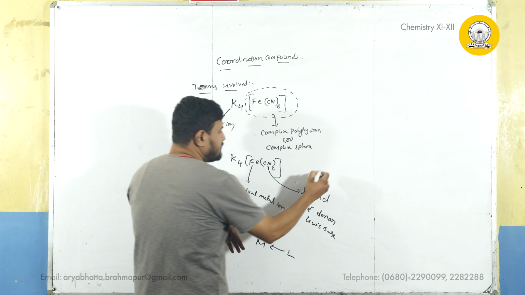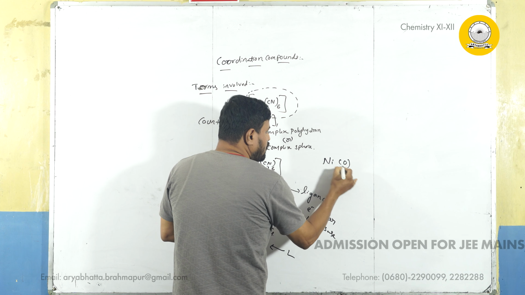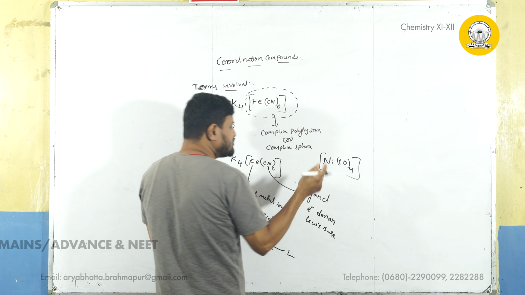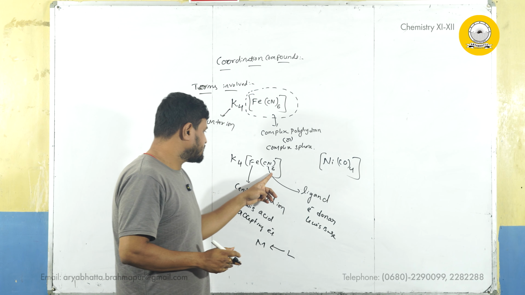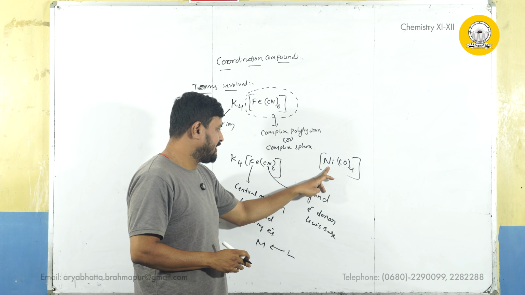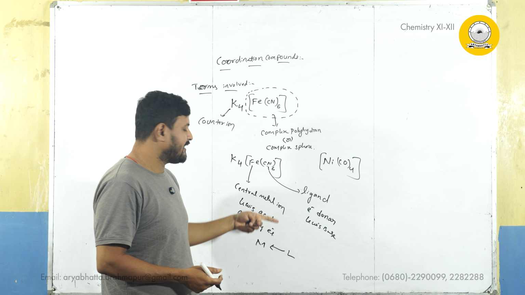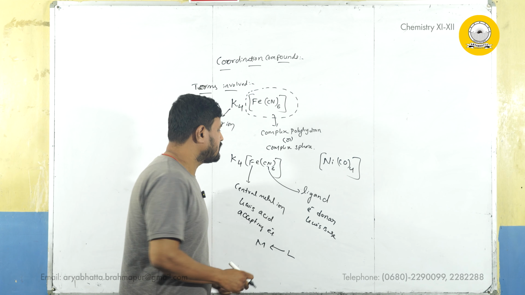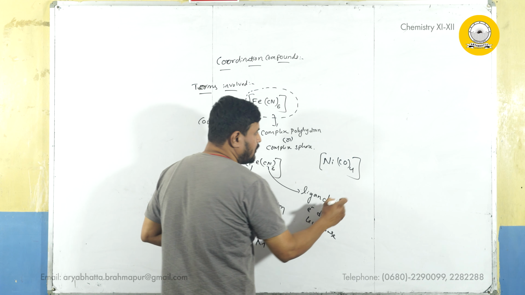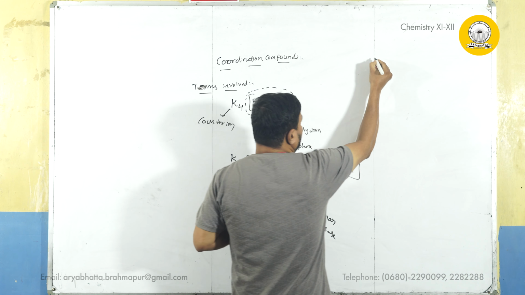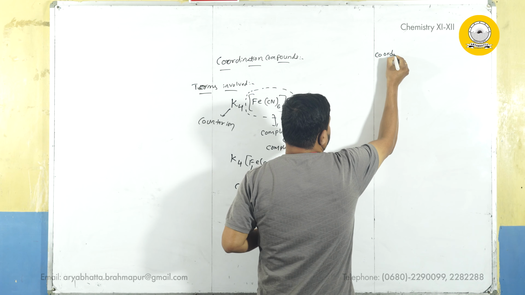I am giving another example, Ni(CO)4. Here the number is 4. Here the number is 6, here the number is 4. Here Ni is the central metal ion, as I already told. CO is the ligand. And 4 or 6 is called another term, the coordination number.